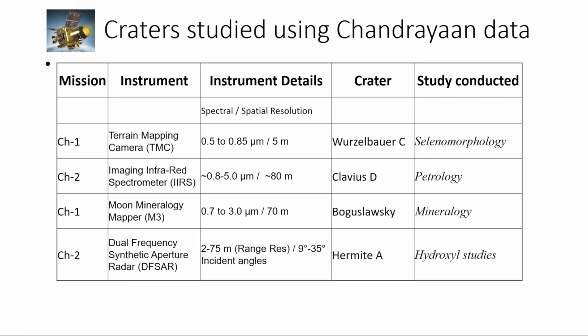Chandrayaan-2 had a dual frequency synthetic aperture radar, which we intended to use, which has both L-band and S-band. We took a product of L-band data, the full pole data, whose range resolution is from 2 to 75 meters, with incidence angles of 9 to 35 degrees, which are useful for such studies.